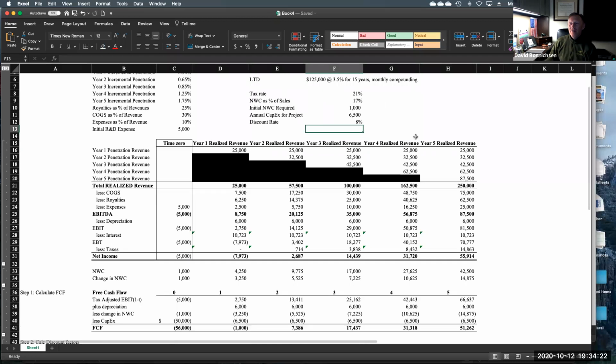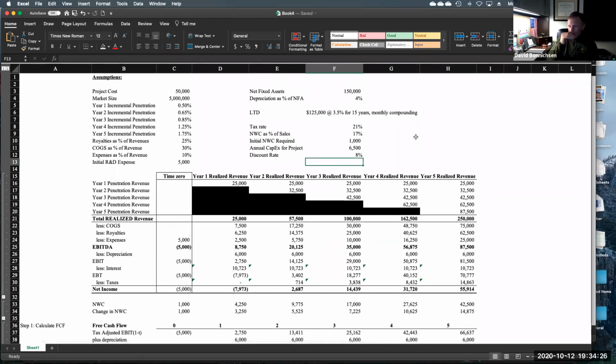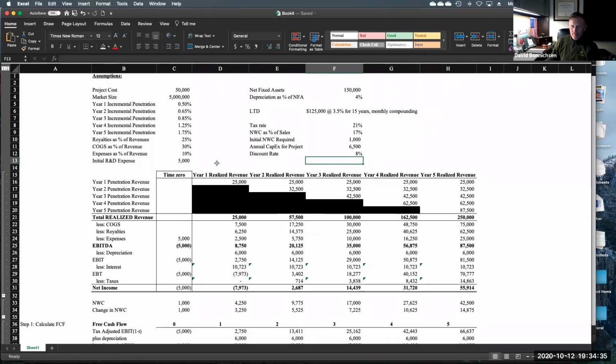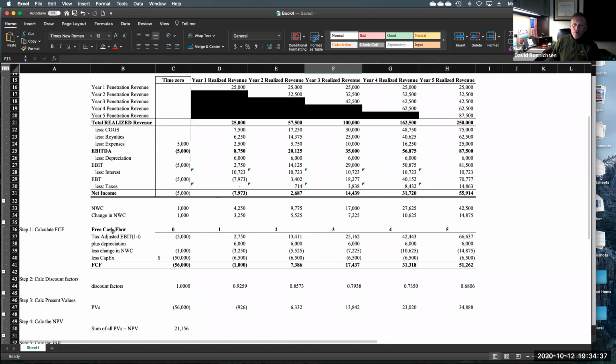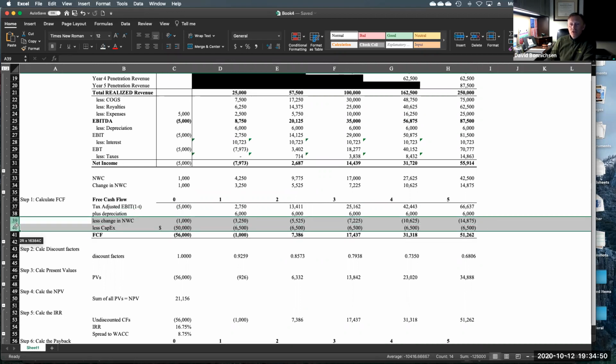I will tell you that in terms of the midterm, we are not going to be getting this complicated. In terms of how we go about calculating the free cash flow, we're going to stick with using the operating cash flow methodology. So we're not going to be bringing in change in net working capital or CapEx.